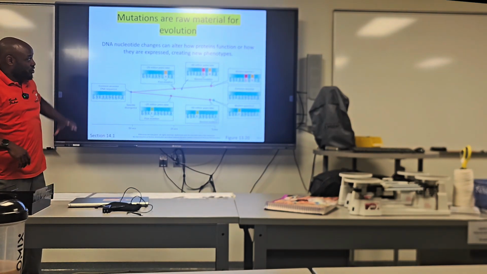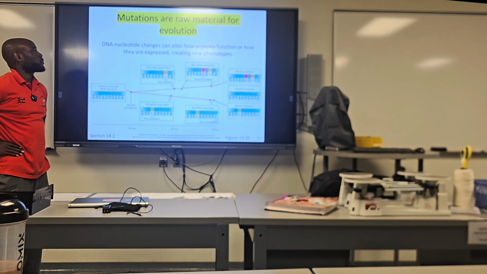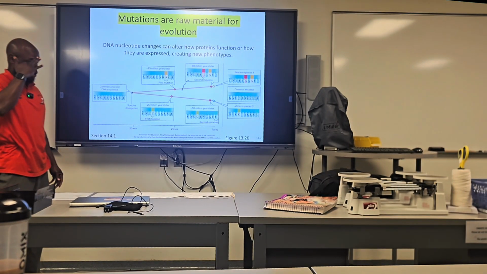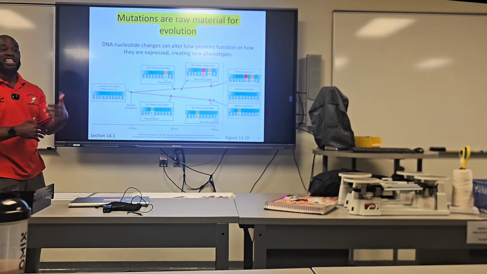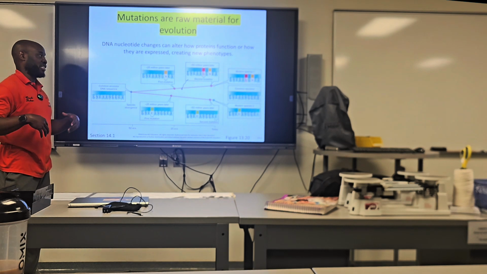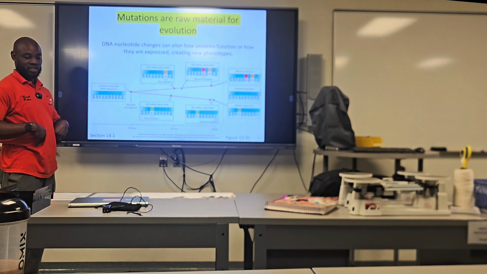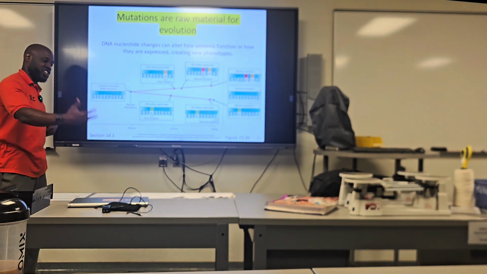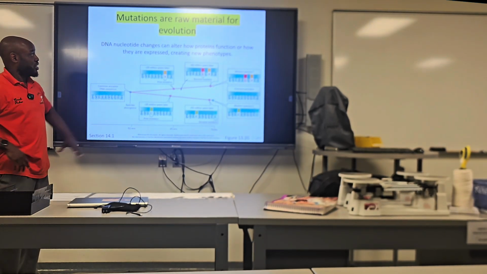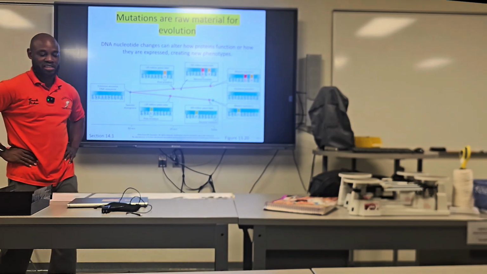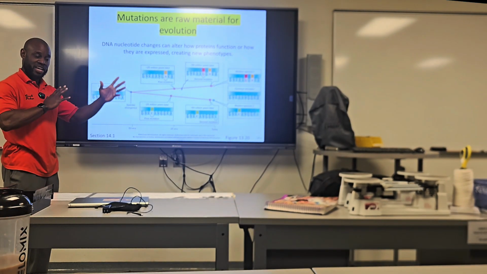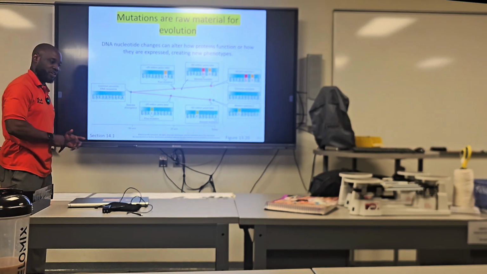All right, so mutations, as going into this chapter, are the raw material for evolution. We talked about evolution. Certain mutations, changes in your DNA, and not necessarily like your DNA is going to change just inside of your body, but as DNA changes over time, through generation after generation, we have this raw material, so to speak, this process that is happening called evolution, because some changes are good and make you more fit, live longer, more able to regenerate.